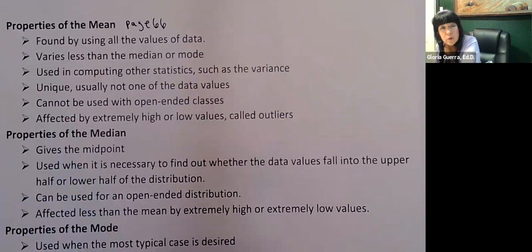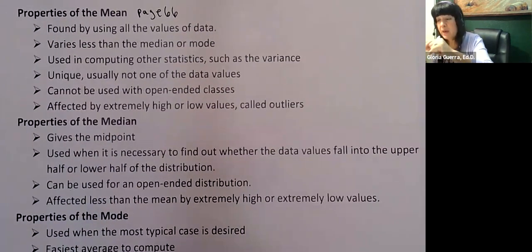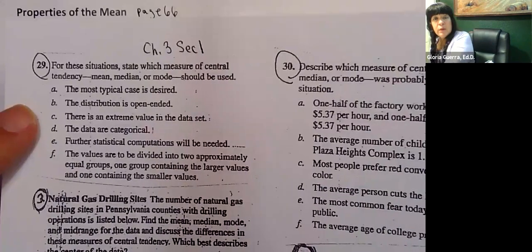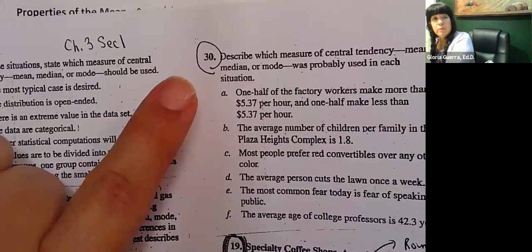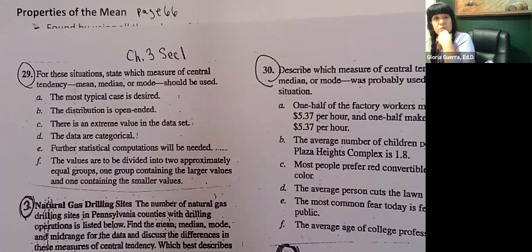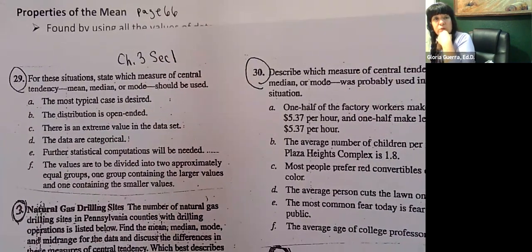Okay, so also in the past, they have asked on the homework some questions about these definitions or these properties. I have from the ebook number 29 and number 30: for these situations, state which measure of central tendency should be used.